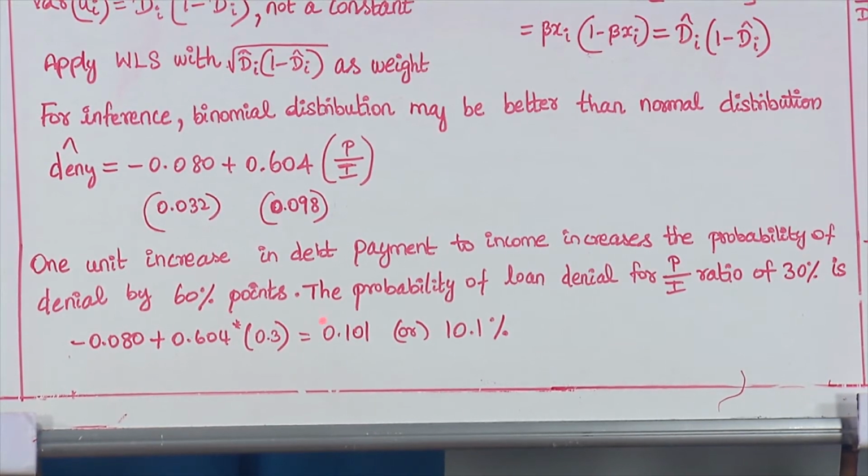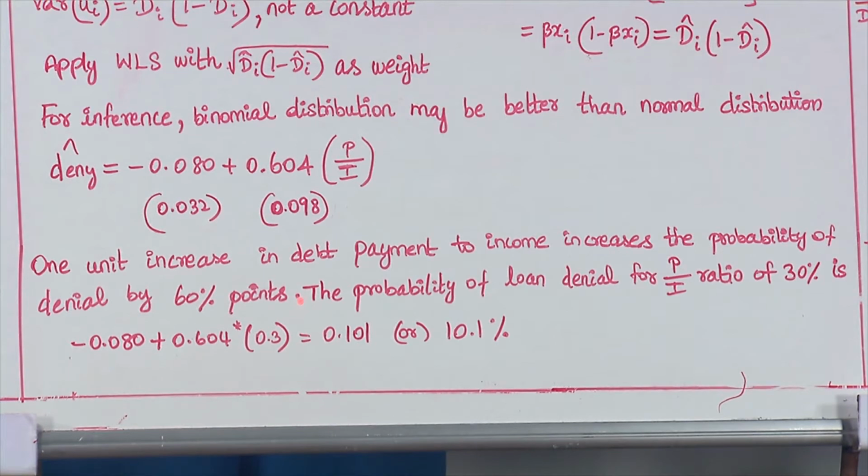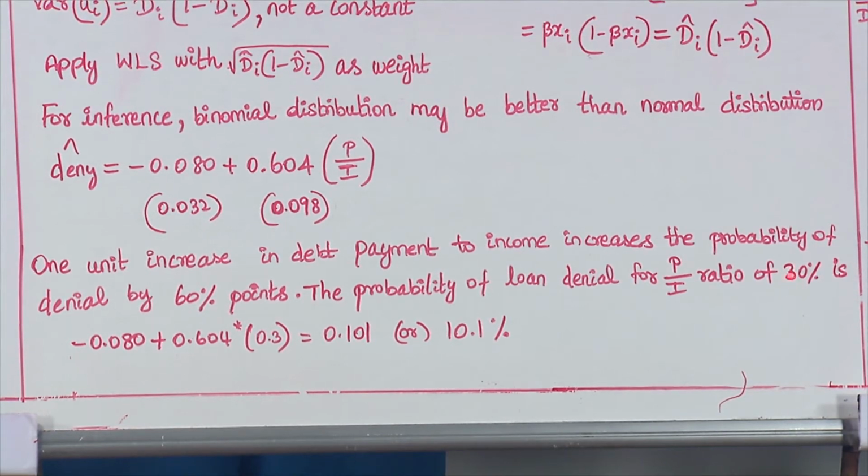Similarly, we can also use this equation for predictions for the probability of loan denial corresponding to the PI ratio of 30%. 30% means 0.3. So, if you substitute this value 0.3 in the prediction equation, we get minus 0.080 plus 0.604 into 0.3, we get 0.101 or 10.1%.